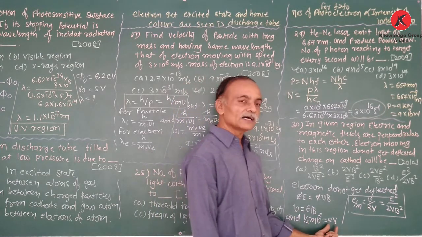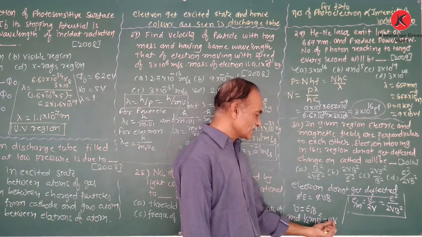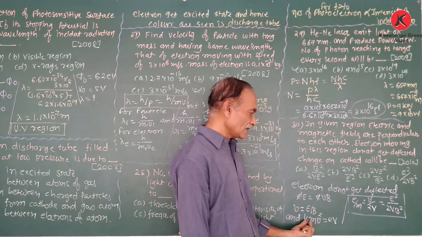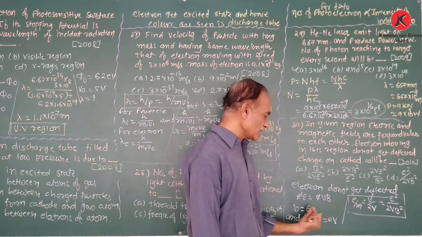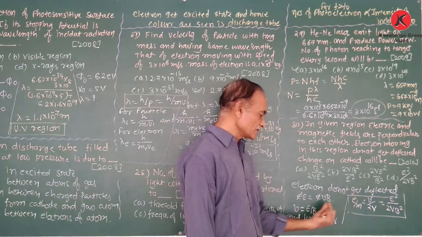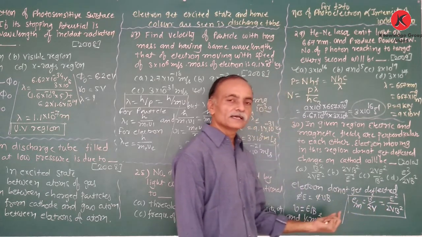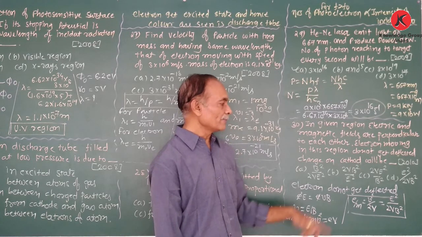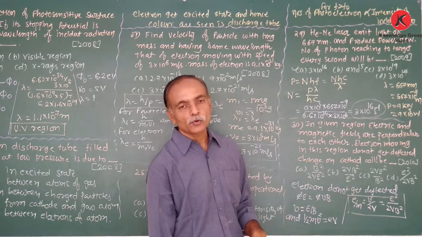That means the charge on cathode, e by m is equal to v square upon 2V, capital V. We substitute the value of speed E by B, therefore E square upon B square into 2V. Therefore, the charge on cathode will be E square upon 2V B square.